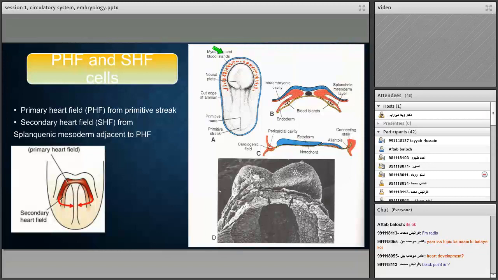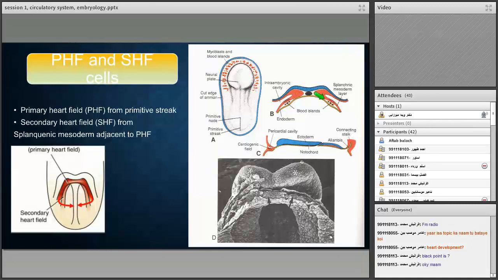The black one is the notochord, for the ectoderm and the spinal cord. It is not related to our chapter. So the endoderm is inducing the mesodermic layer to produce the myoblast cells and also making some blood islands.